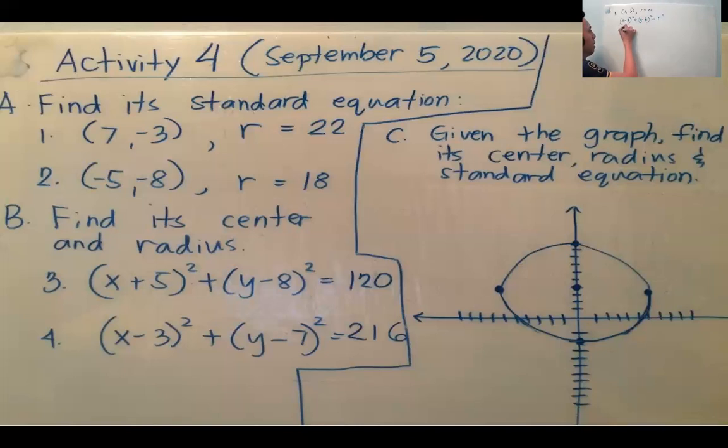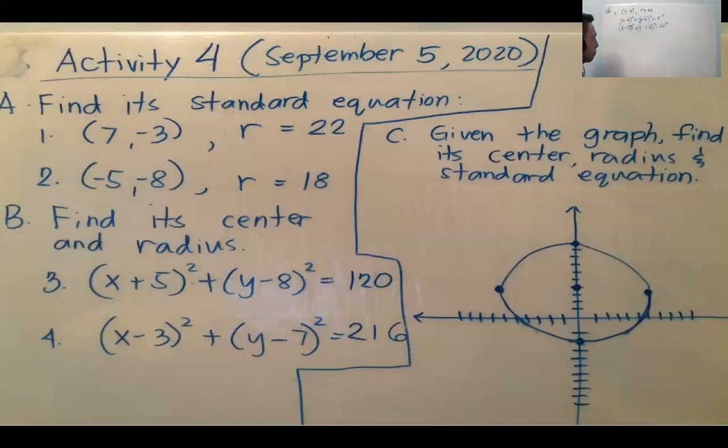So I will just copy x minus, since we have a minus, and then h will be 7 squared plus, y minus negative 3 squared equals 22 squared.